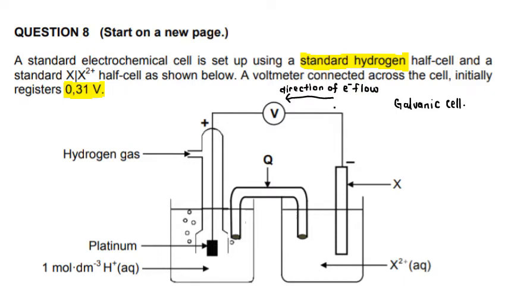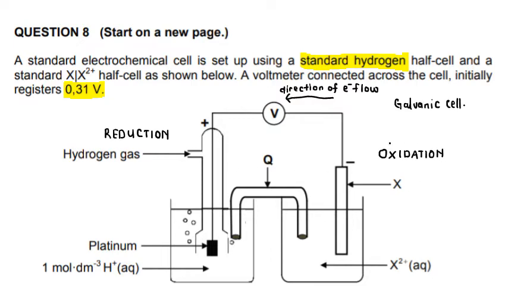Now that we know electrons are flowing in this direction, we can identify that what's happening in this part of the cell is going to be oxidation, which automatically means we need to have reduction happening on the other side, because those two processes can't happen individually.